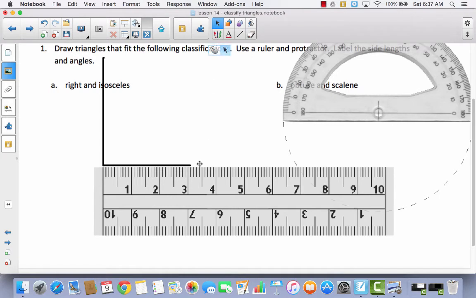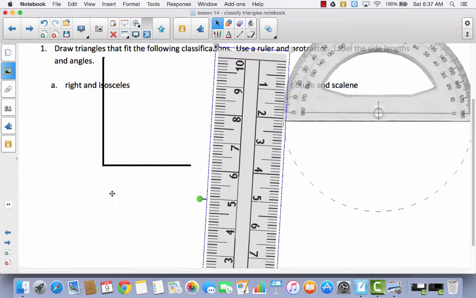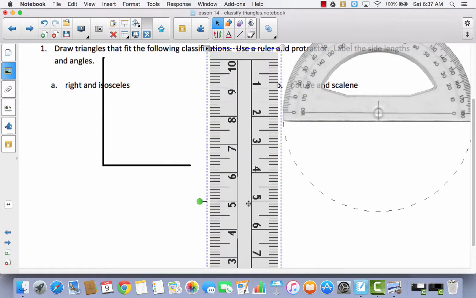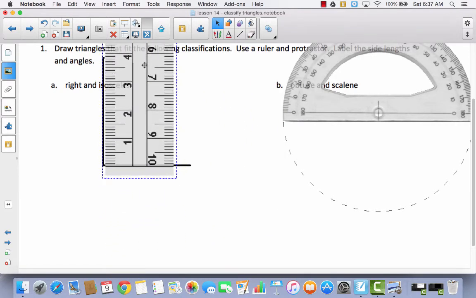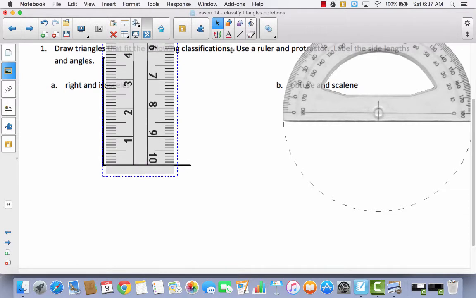So I'm going to, you might have to use your pencil to erase. You know what, it might be easier, since this one's longer than this one, it might be easier just to measure the long one and see how long it is first. Let's measure this one first. Okay, so this one is almost 4 centimeters.